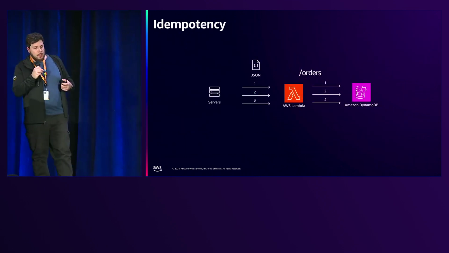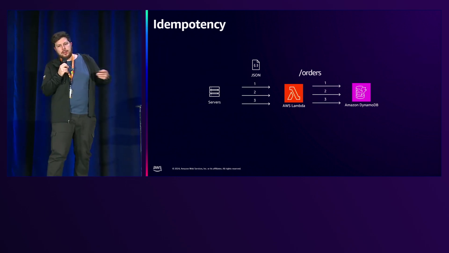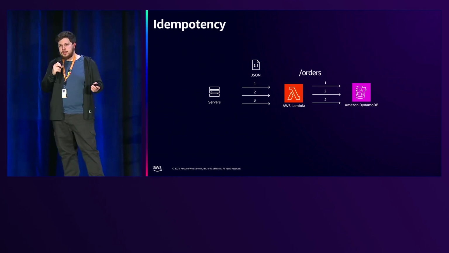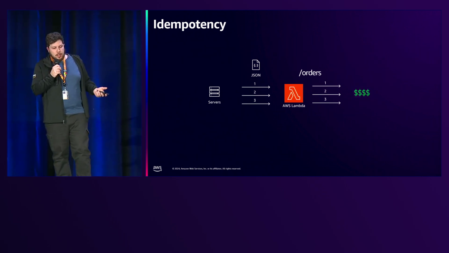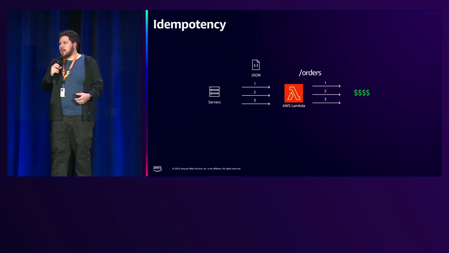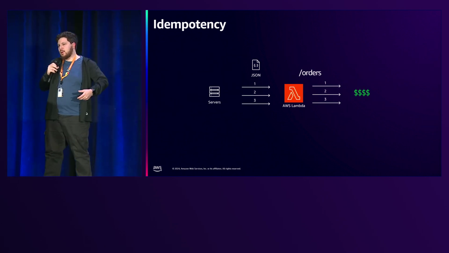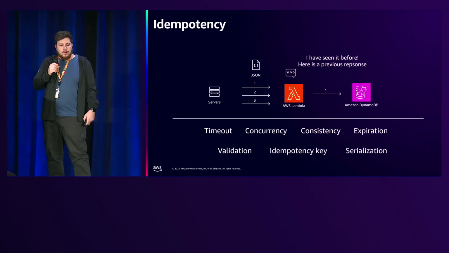Those are all things that you need to start thinking about in a distributed system like Lambda. So in a normal case, if you have different requests, you run this operation multiple times. This is when your operation is not idempotent. This is usually costly and can lead to side effects. Like I mentioned, if you're doing a purchase, an order, you don't want to charge the user twice. And so you want to make your code idempotent.